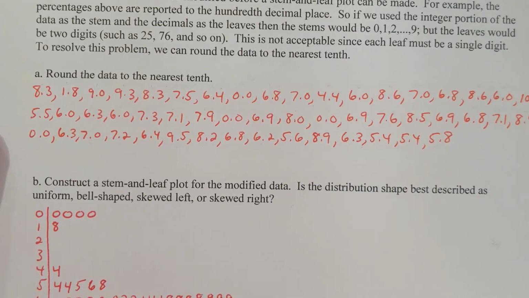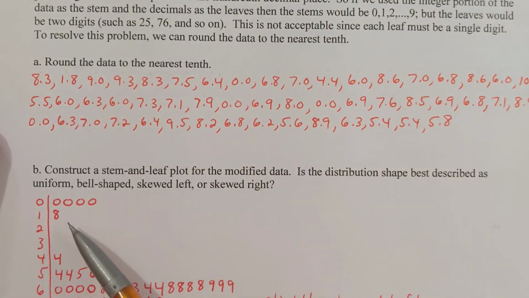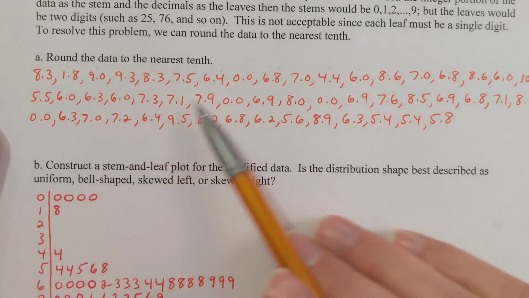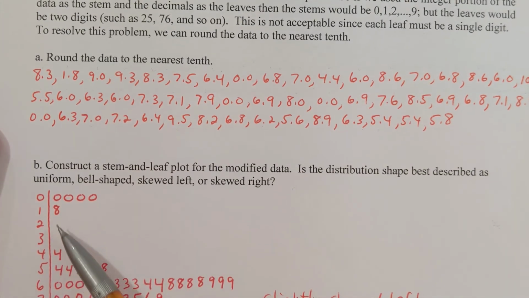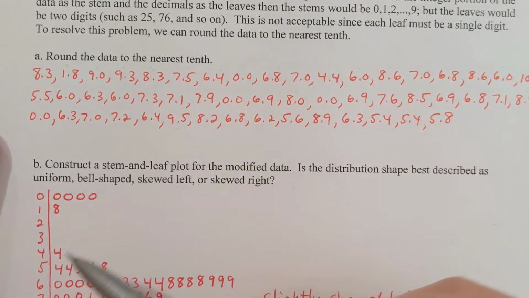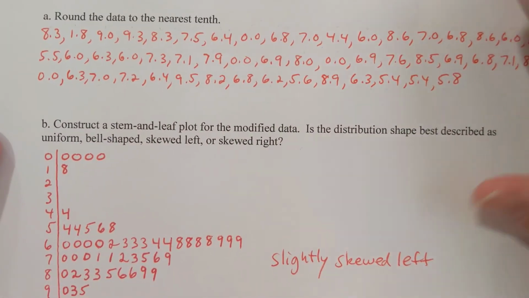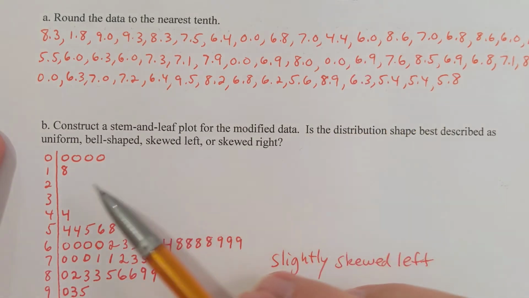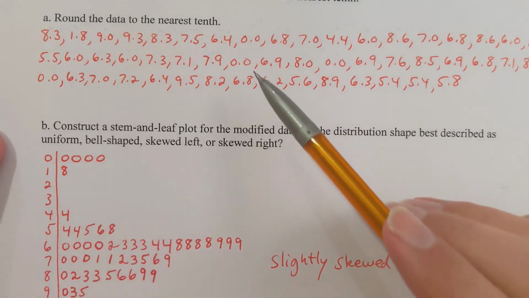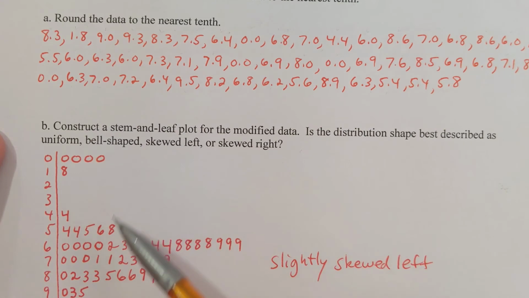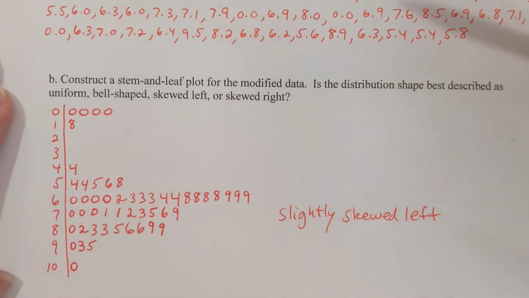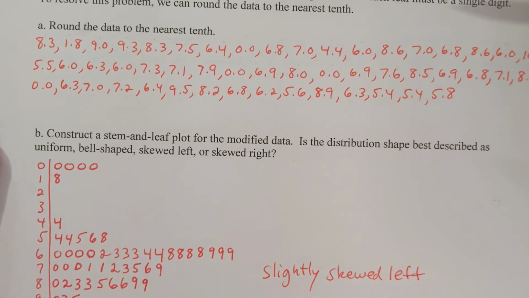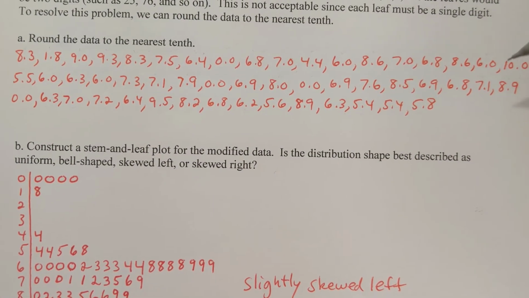I did not have any numbers in the 2s or 3s listed here. Again, I don't want to skip stems, so I just write those stems and there are no leaves by them. There should be a 4.4 right here. So I write a 4, write a 5, and I've got my stems listed.